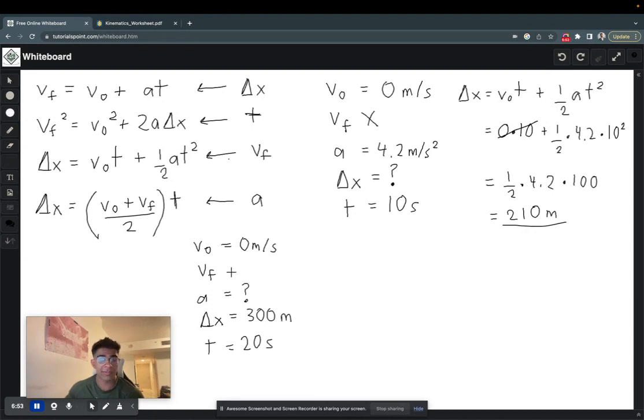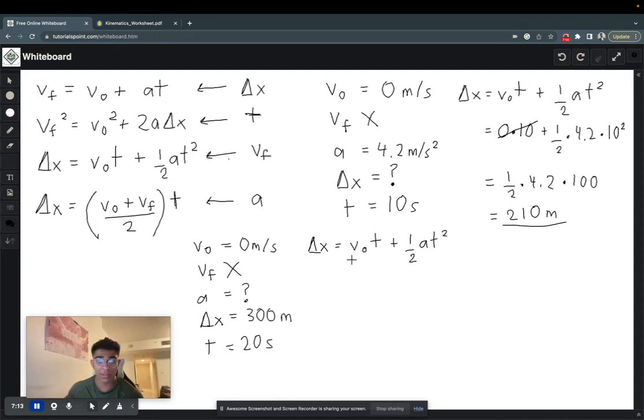Again, just like the previous problem, final velocity is the one missing. So we would again use that third equation: displacement equals initial velocity times time, plus 1/2 acceleration times time squared.